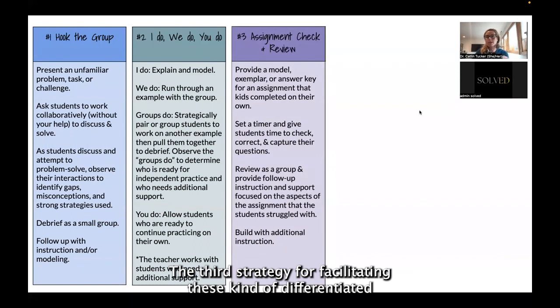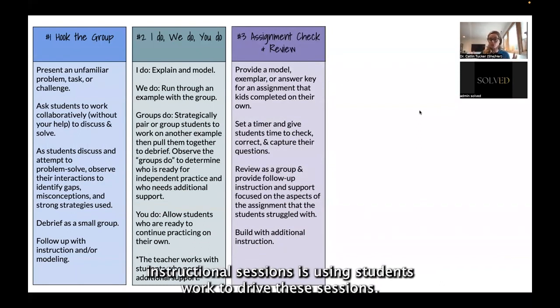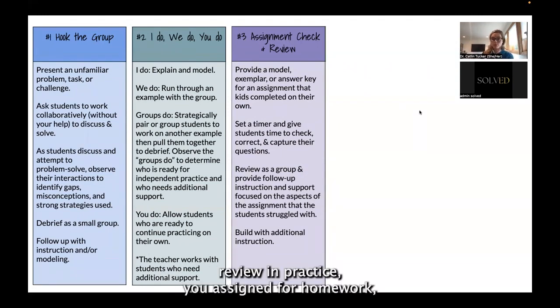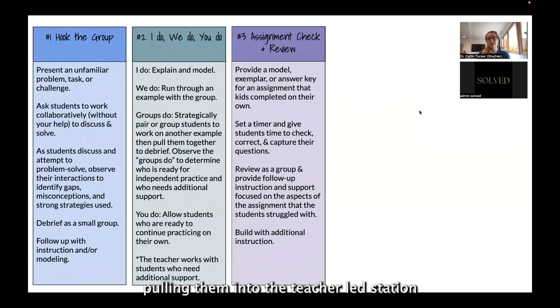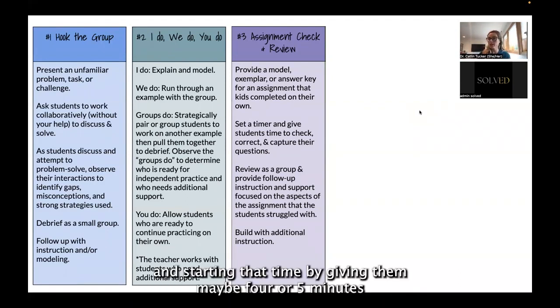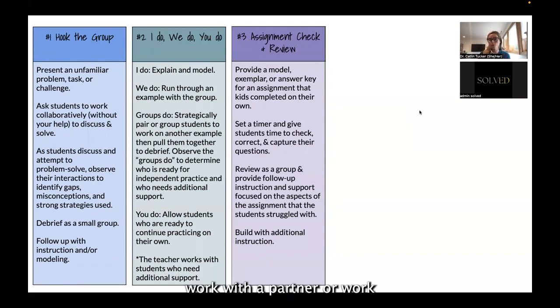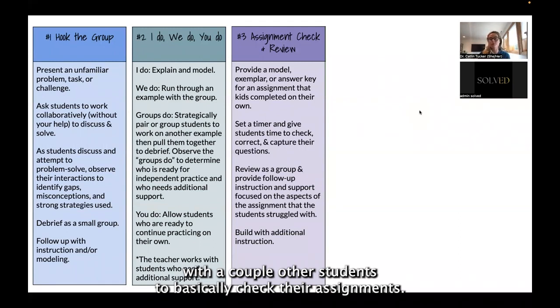The third strategy for facilitating these differentiated instructional sessions is using students' work to drive these sessions. So whether it is review and practice they've done in the classroom, or review and practice you assigned for homework, pull them into the teacher-led station and start that time by giving them maybe 4 or 5 minutes to work with a partner, or with a couple other students, to basically check their assignment.